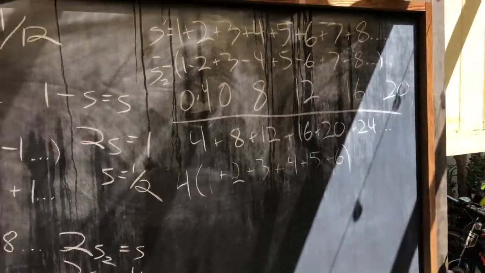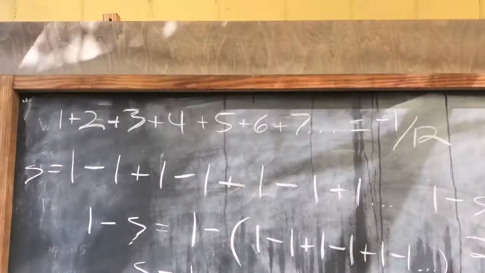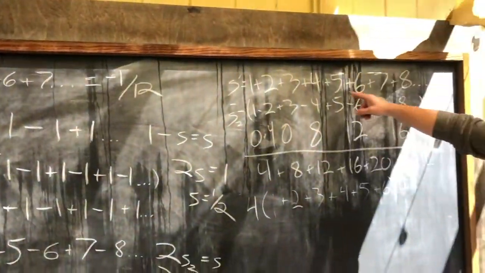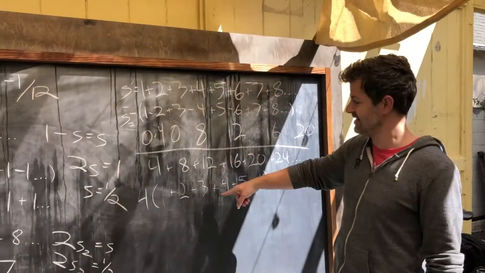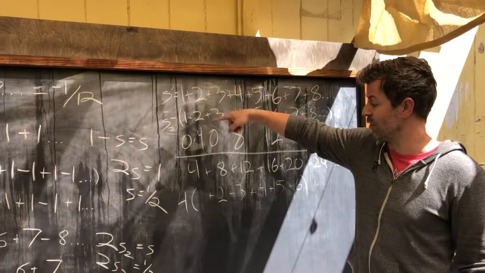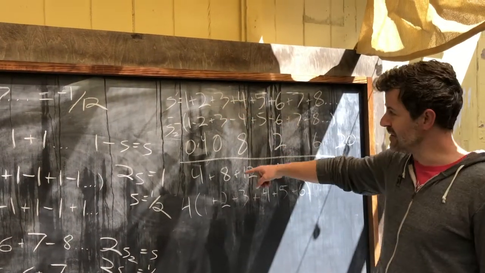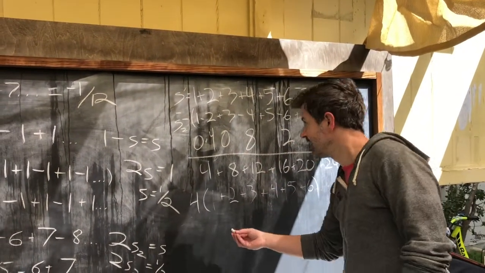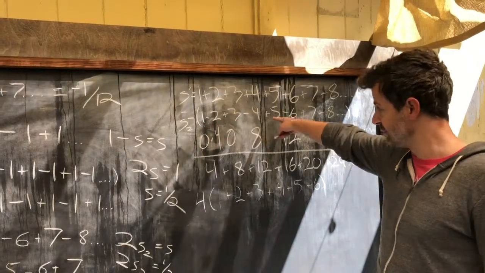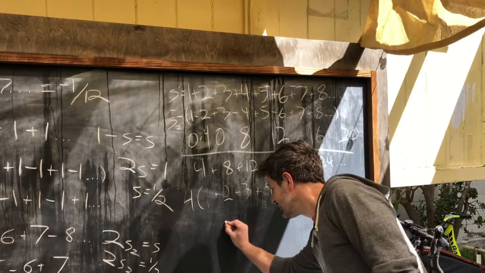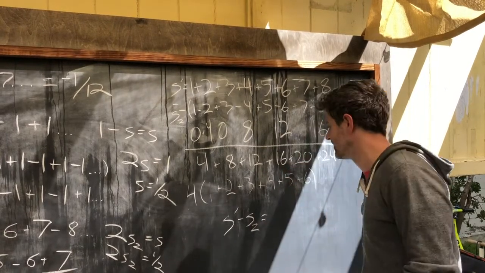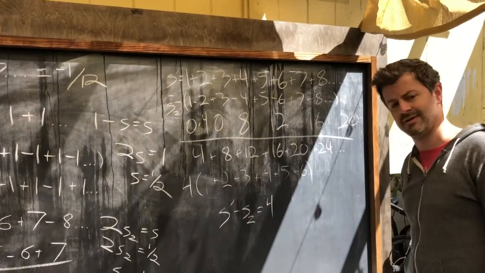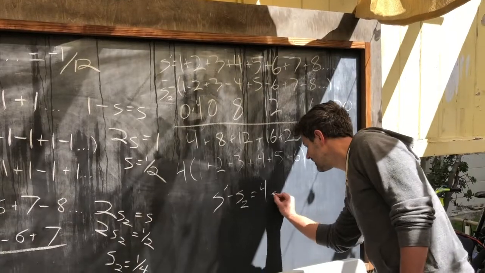This is the same, and this continues, as S prime. This 4 times this is the same as this, which means that S prime minus S2, which we already did up here, S prime minus S2 equals 4 S prime.